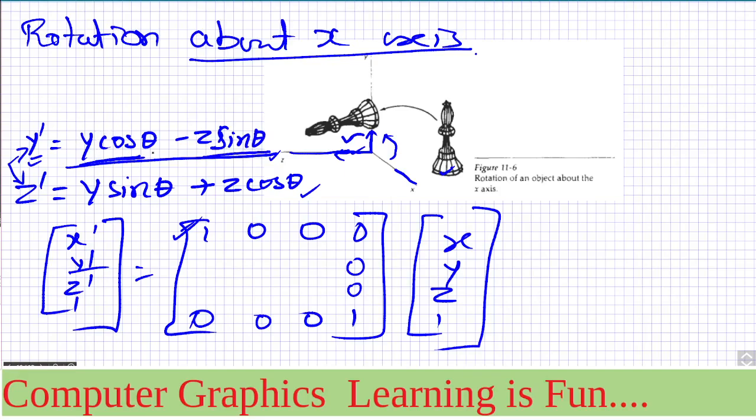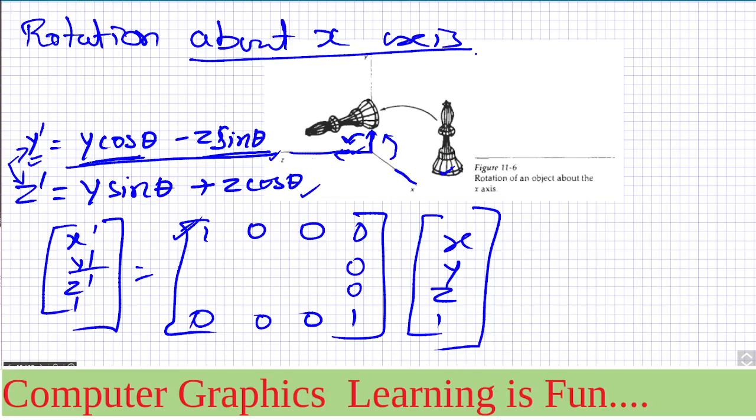How we arrived at this formula, I believe we have already talked about while discussing 2D rotation. One thing we are considering is that it is a positive rotation, so it is going counterclockwise, now from y to z.